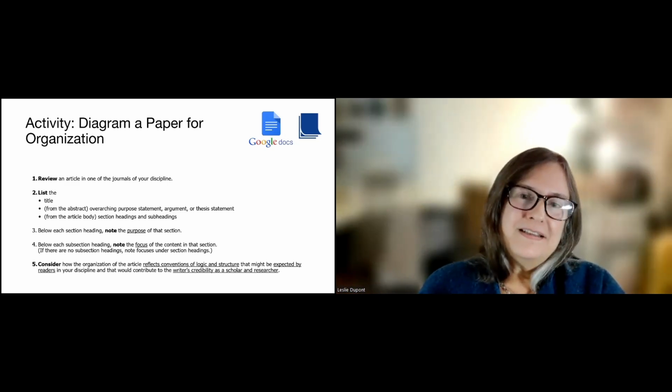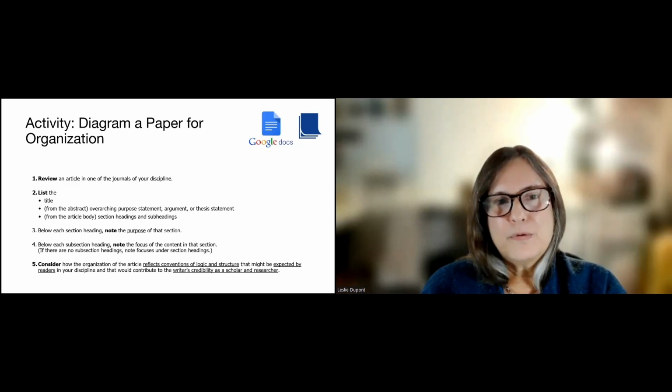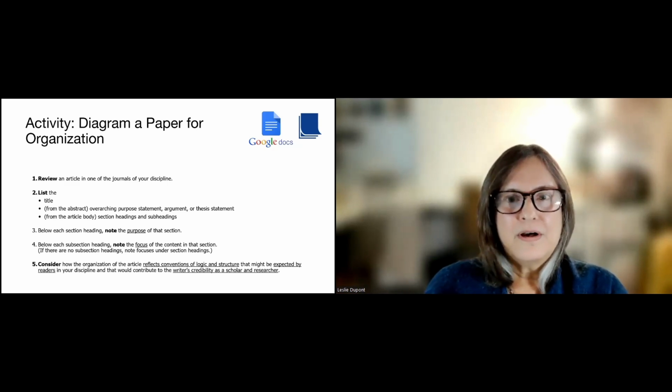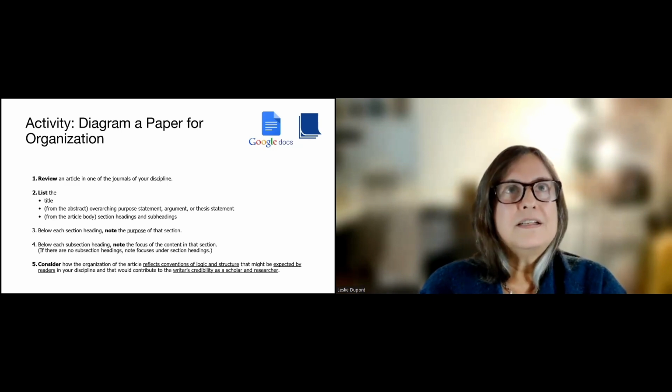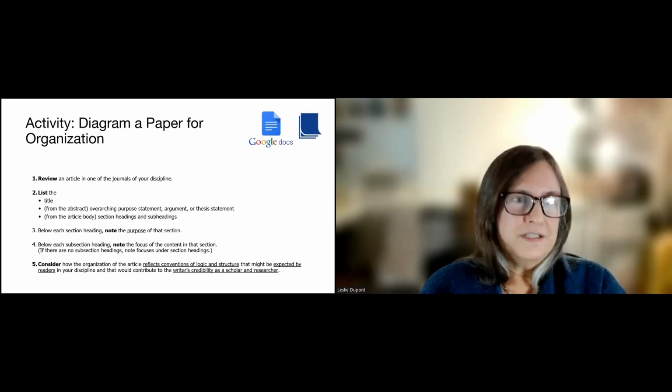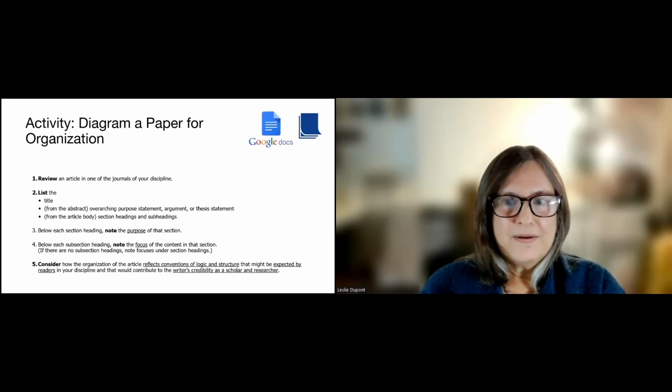So what you're seeing is how documents in your different fields can be organized according to an argument, a thematic, overall analytical theme, or an expansion of knowledge in a particular area.